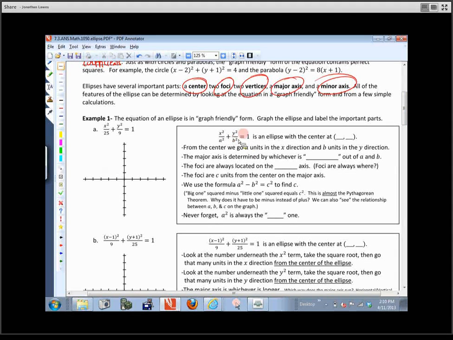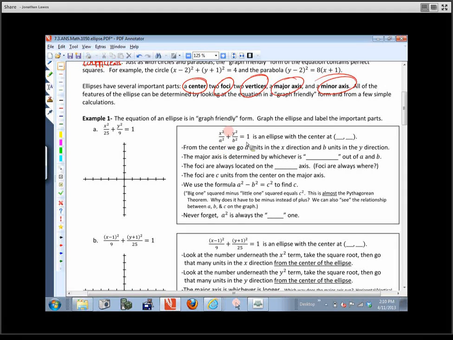So if we have an equation that looks like this, you'll notice that they're both positive, and because A and B are different, if you slid that out front and thought of it as a fraction, they have different coefficients. Okay, this has a center at 0, 0. Got to pay close attention.